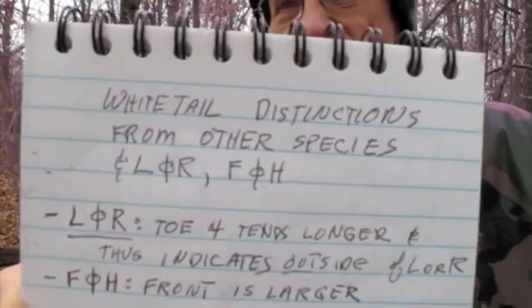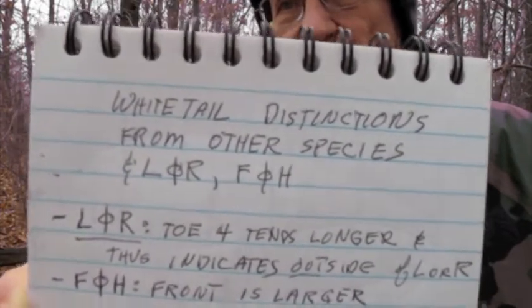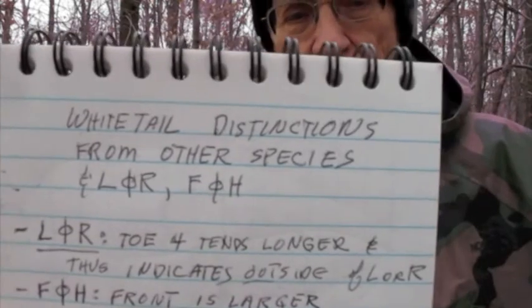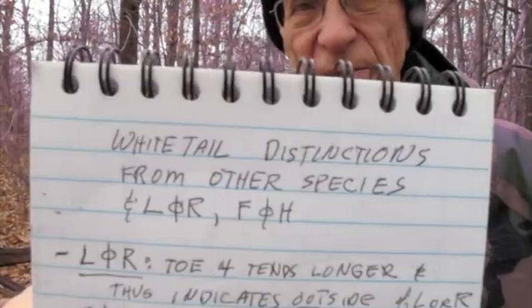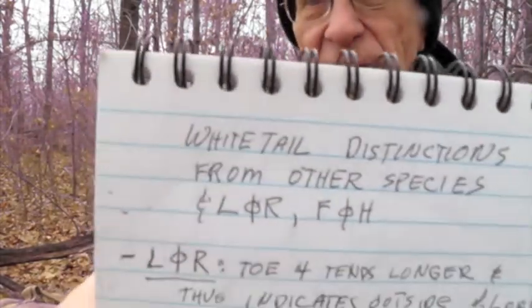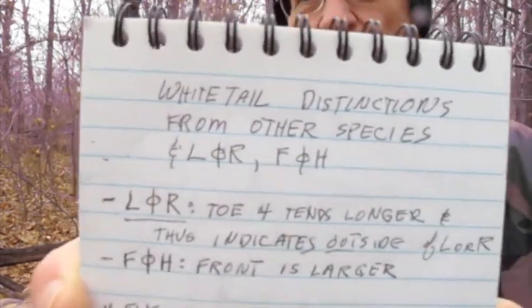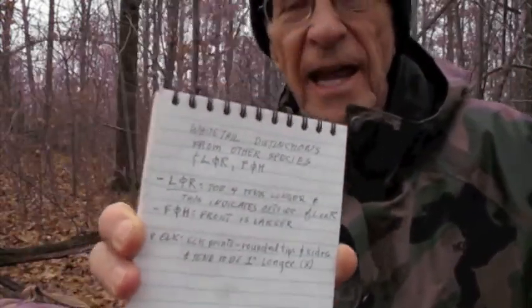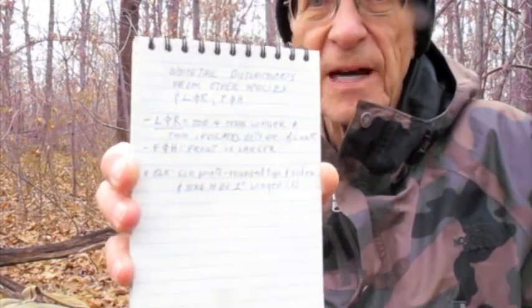The second kind of distinction that is in here is how do I tell the difference between one species of a track that looks this way and a different species of a track that looks this way. So in this case, the only species that I could possibly become confused about is elk. So I have a note in here about the difference between elk prints and whitetail prints.